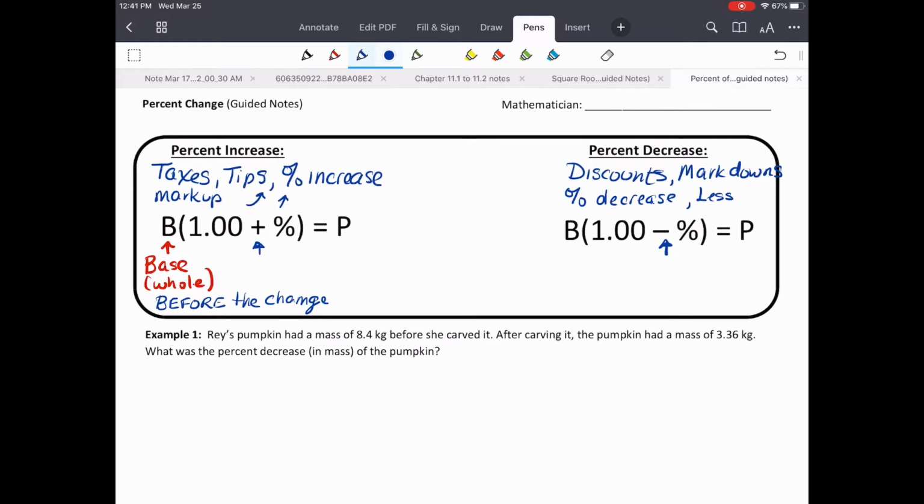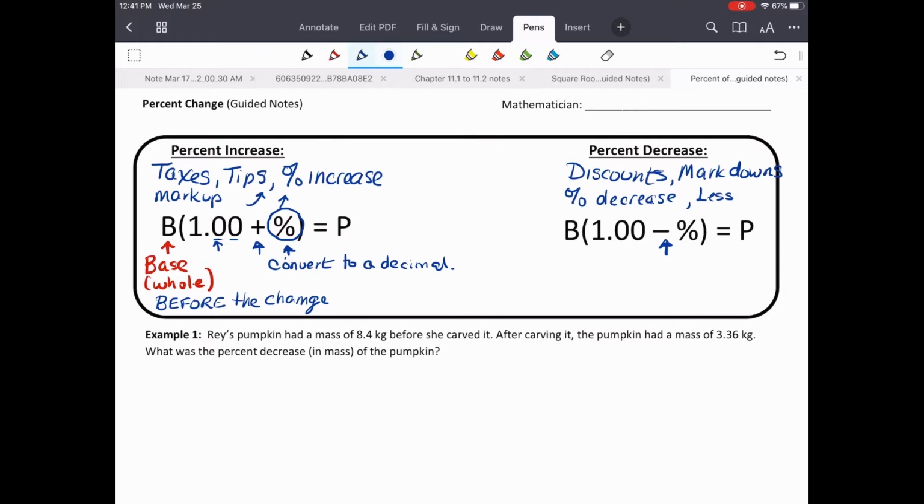And then this is essentially 1, but I always write it as 1.00 because ultimately we're going to have to add a decimal to it. So when you deal with a percent, you must change or convert it to a decimal.